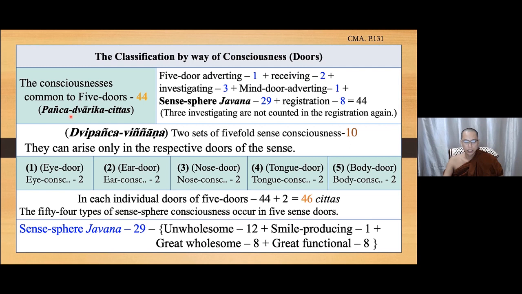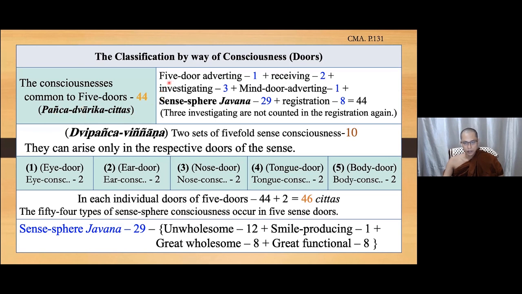They are called the Pancha Dwara. That is why the consciousness that arises through these five doors is called Pancha Dwarika Citta. So let's see what is common to the five doors, the Pancha Dwarika.